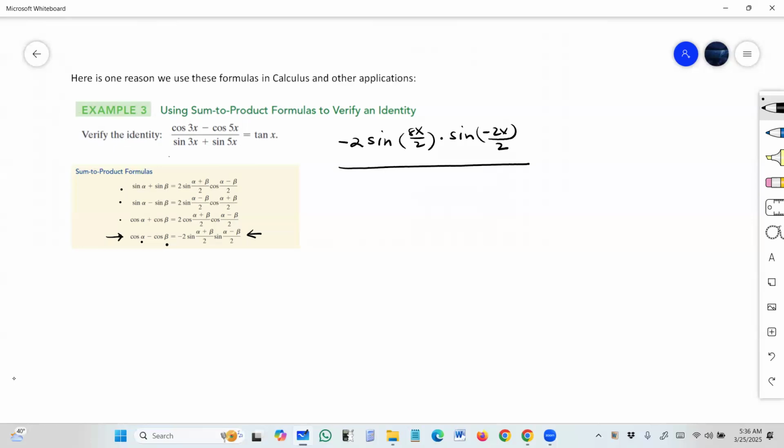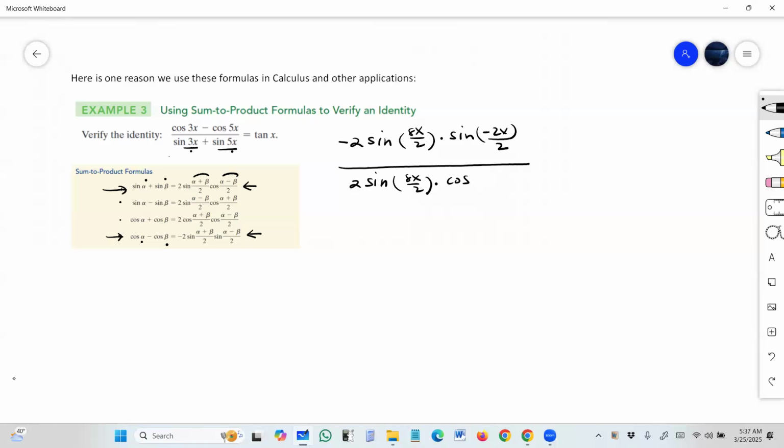For the denominator, I have sine plus sine, which is the first formula again, where my 3x is my alpha and my 5x is my beta. So I'm going to apply this formula. So 2 sine of the sum, I'm sorry, sine of the sum. 3x plus 5x is 8x again over 2, times cosine of the difference.